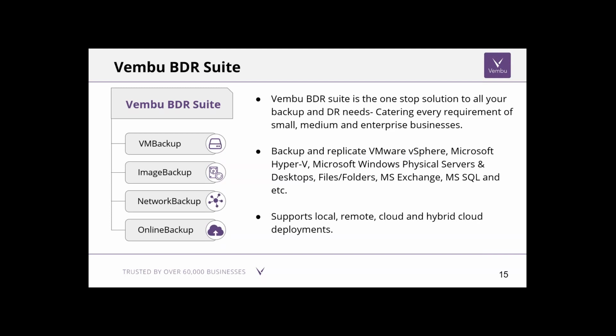Some customers would also like to perform granular level backups like selected files and folders, and selected applications like MS Exchange, SQL, SharePoint, Outlook, or MySQL databases. We also have another product called Vembu Online Backup, where customers can directly back up to our cloud, where we are running our servers on Amazon Web Services across all continents.